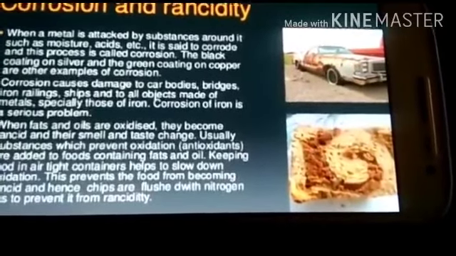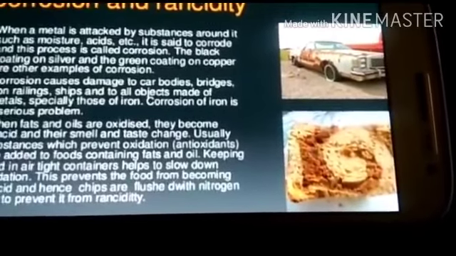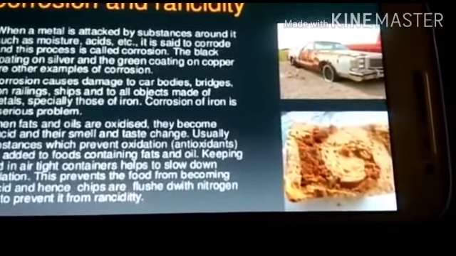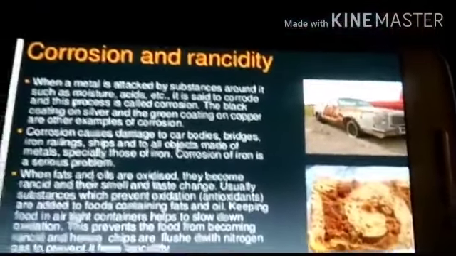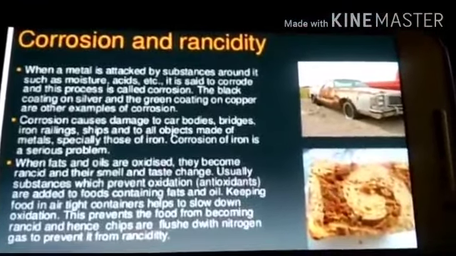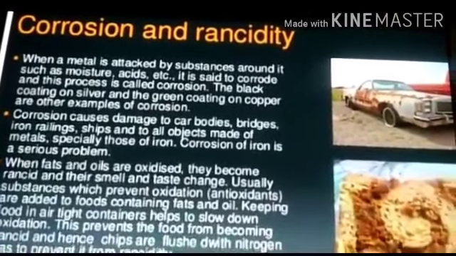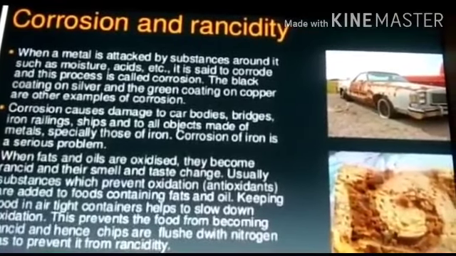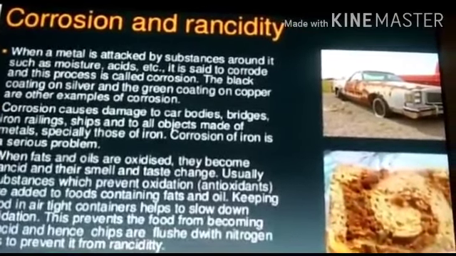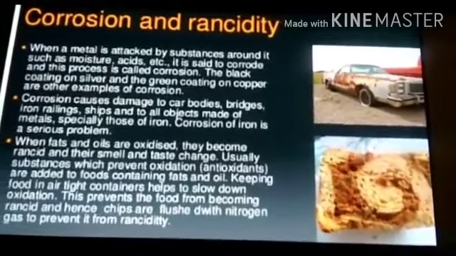This is because copper reacts with the carbon dioxide present in the air, forming copper carbonate. All these phenomena are known as corrosion. When a metal is attacked by substances around it, such as moisture, acids, etc., it is said to corrode, and this phenomenon is called corrosion.